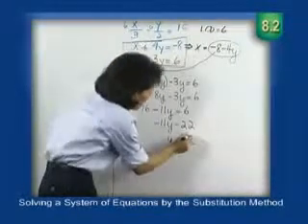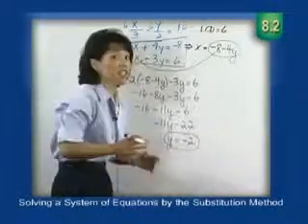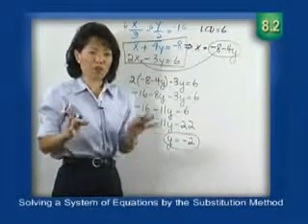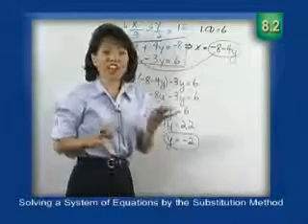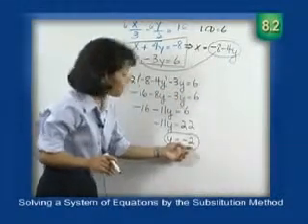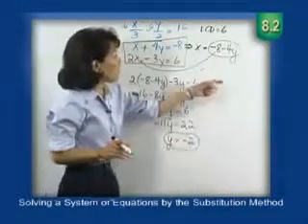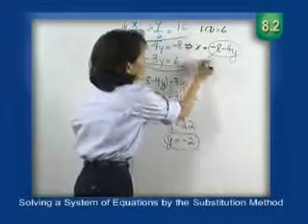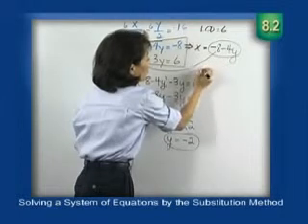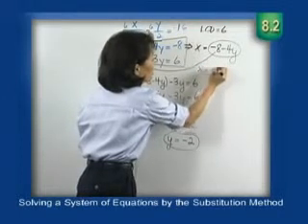Again, don't get too excited and make the mistake of saying, I'm done, y is equal to negative 2, because you're almost done. We still need to find what the value of x is. So to find the value of x, we take the found value of y and substitute it into this equation, which will give us the value for x. So using this top equation, we have x equals negative 8.